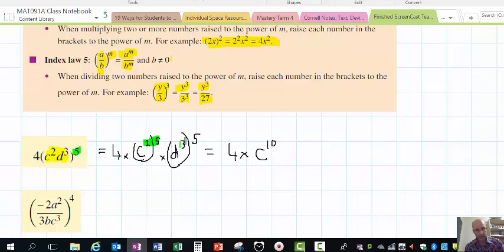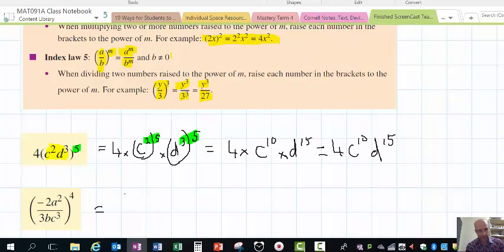This one here, d to the 3 times 5 is 15. So all we have to do is write that without the multiplication signs. So 4 times c to the 10 times d to the 15. That one is perhaps a little bit harder than average.